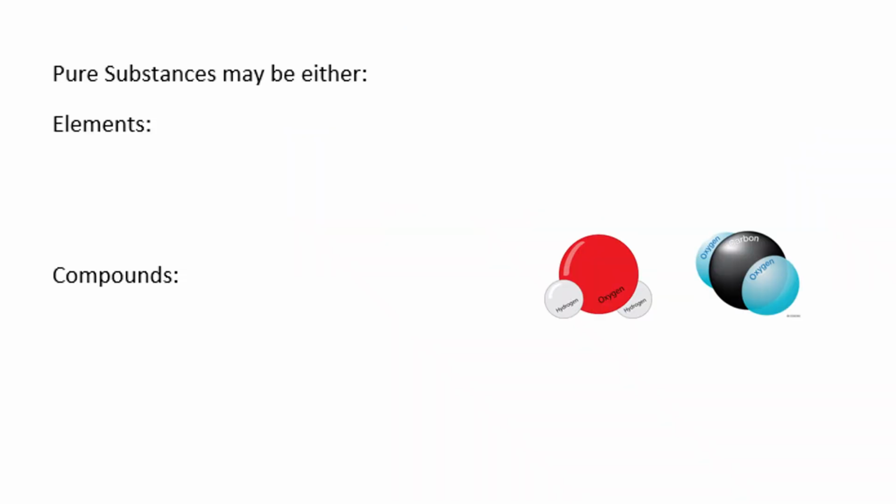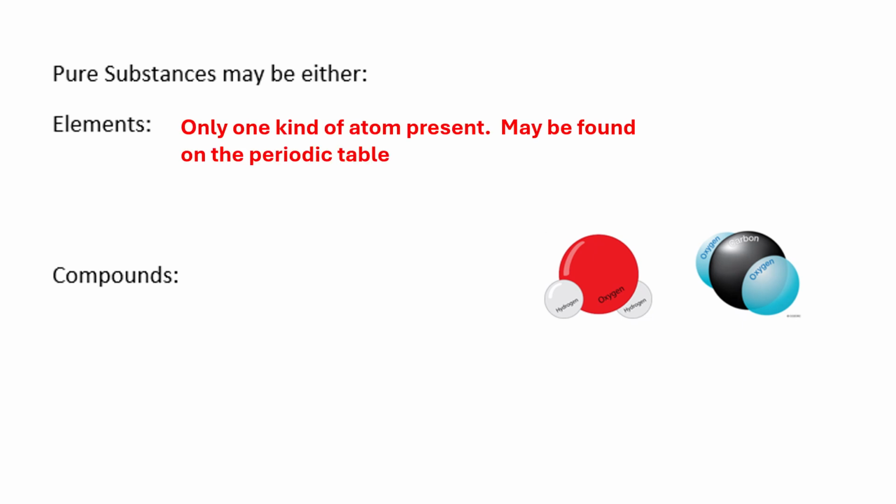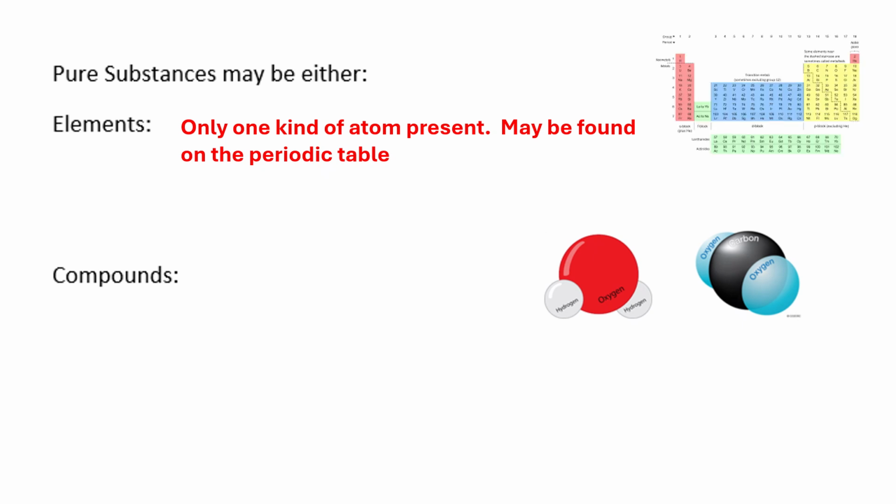Okay, so pure substances. We've already talked about how everything can either be a pure substance or a mixture. Pure substances can be even further subdivided into elements and compounds. Elements are, of course, just one kind of atom from the periodic table. We have periodic tables that we'll get for this class, and we have them hanging on the wall, but basically just the 118 or so known elements are considered the first type of pure substance.